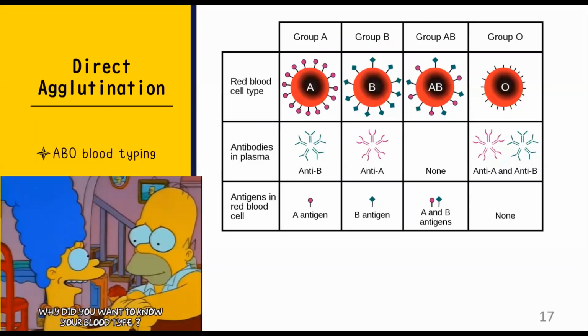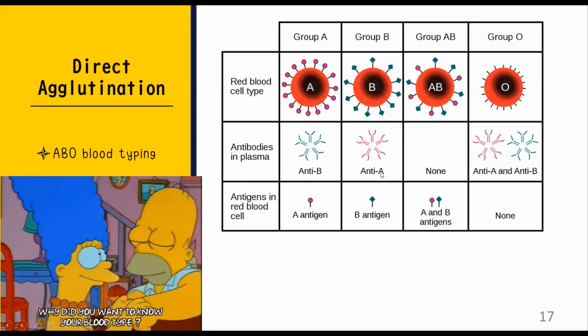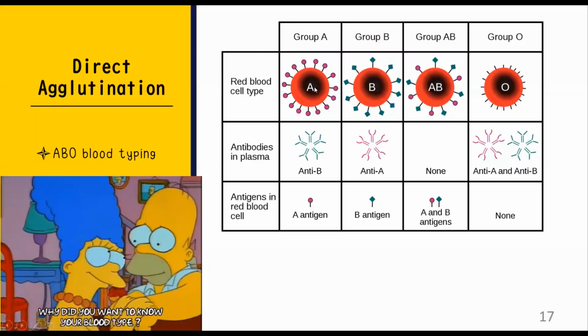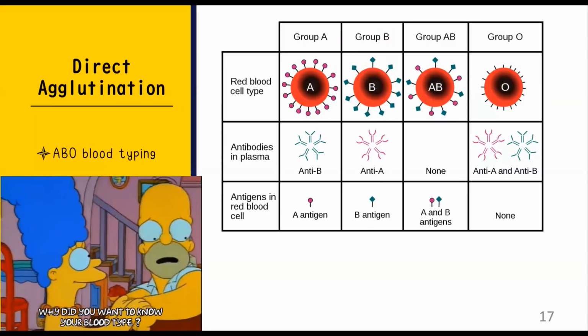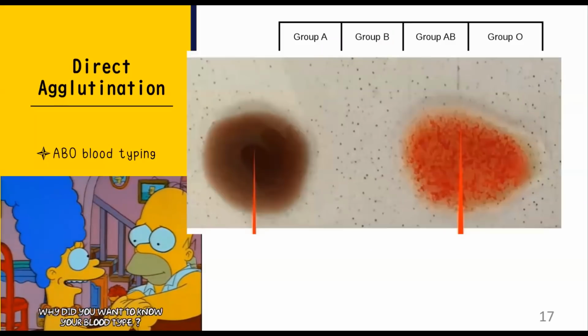So, we will identify the antigen present on the surface of the RBC using antiserum as reagent. Antigen, antibody, no? So, the antigen here will bind with the corresponding antibody. The binding will cause a cross-linking and is visibly seen as agglutination, as in this case.